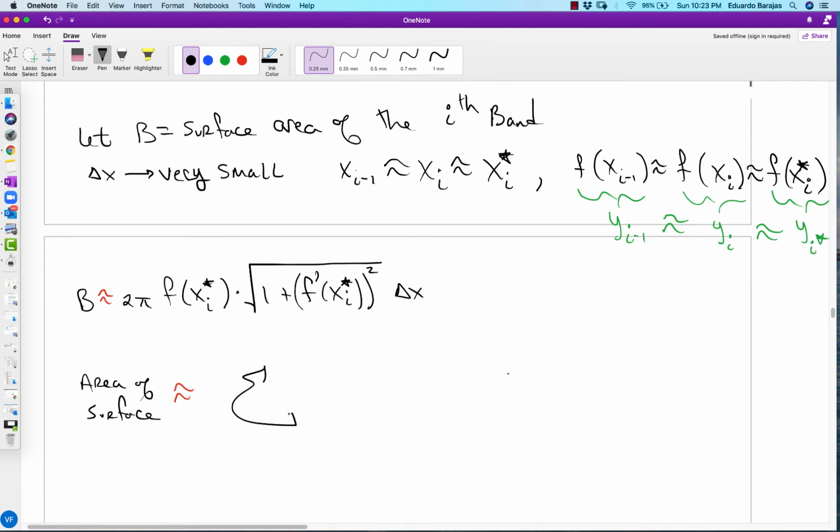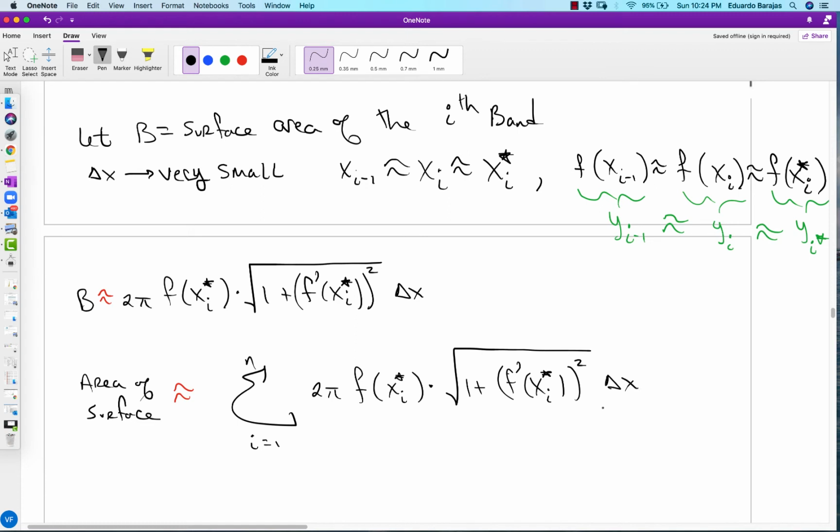So it'll be a Riemann sum as i ranges from 1 to n, and then this goes right in here. So this is going to be equal to 2 pi f of x sub i star times the square root of 1 plus f prime of x sub i star squared, and then delta x. Good. Okay, so that's when we do n partial bands, right?